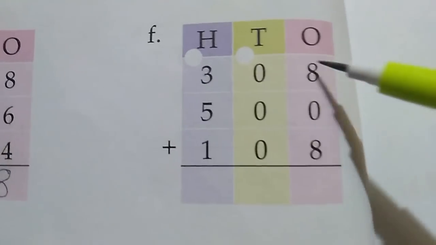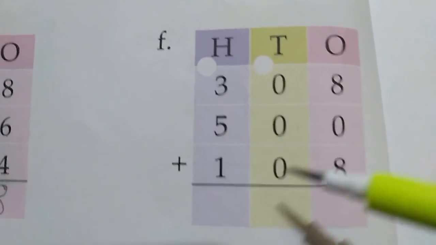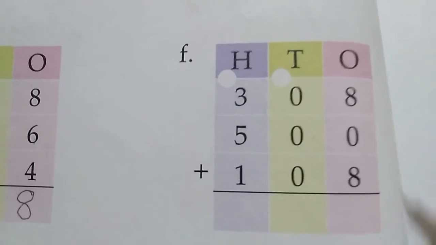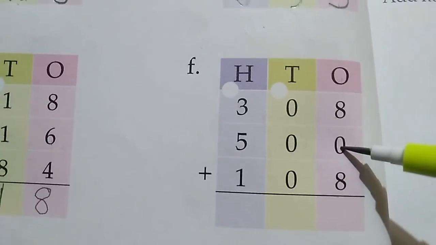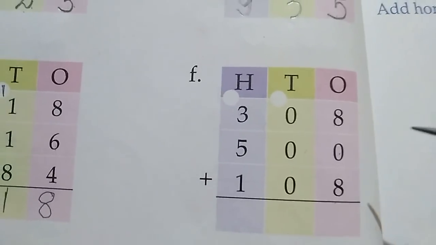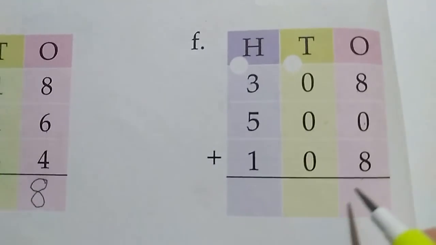Now we will do F. 308 plus 500 plus 108. We will start from ones place. 8 plus 0 is 8 and 8 plus 8 will be 16.